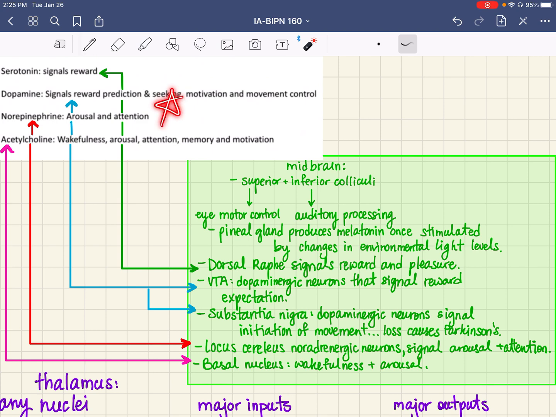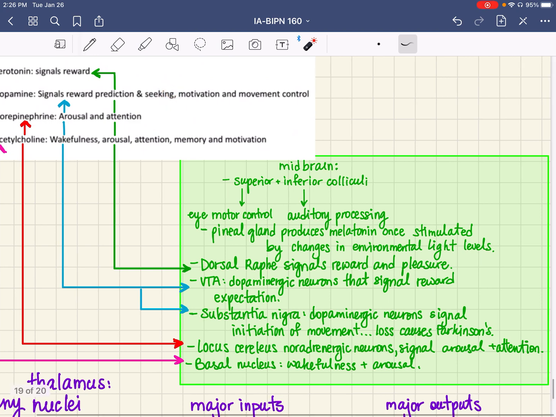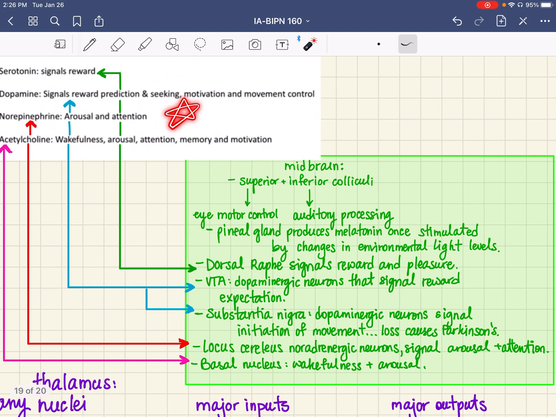We will come back to these when we start to talk more about the midbrain, but before I get back to these, I want to mention a couple structures in the midbrain. The superior and inferior colliculi in the midbrain are areas for motor eye control, so controlling your eye muscles. That is controlled by the superior colliculus, and then the inferior colliculus is controlling auditory processing.